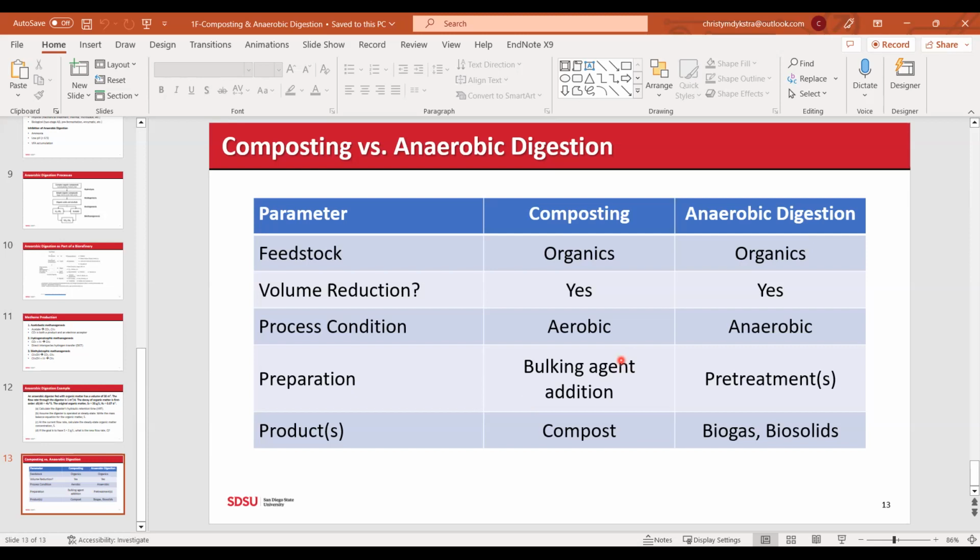For example, let's say we have an agitated bed of composting that's treating a high sugar waste. This sugar waste is going to be represented as C6H12O6. Hopefully you can see that well enough.